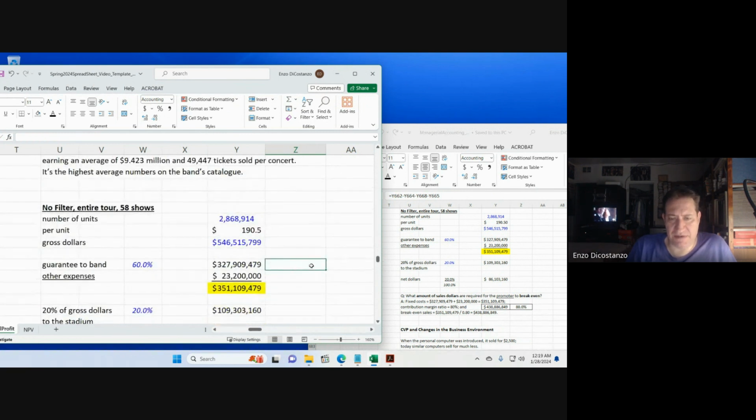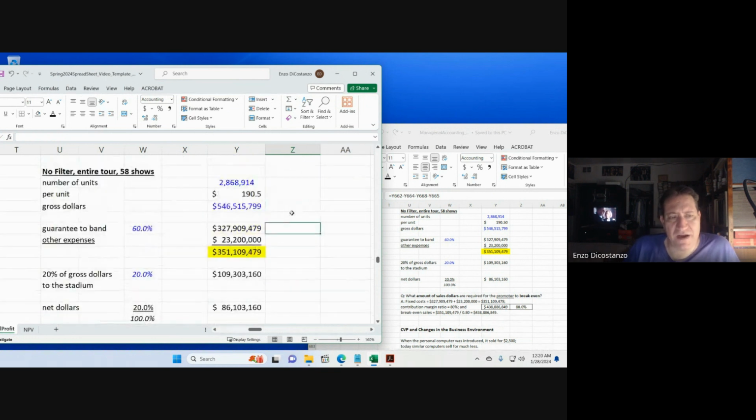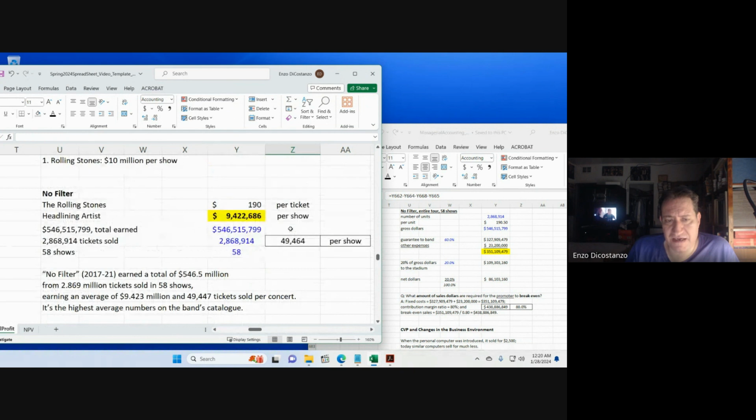That should have been the same number, but that's okay. We're not gonna worry about that right now. So that's how many seats we're talking about, or how many tickets were sold, the per unit number, the gross dollars, with the band was guaranteed, those types of numbers.